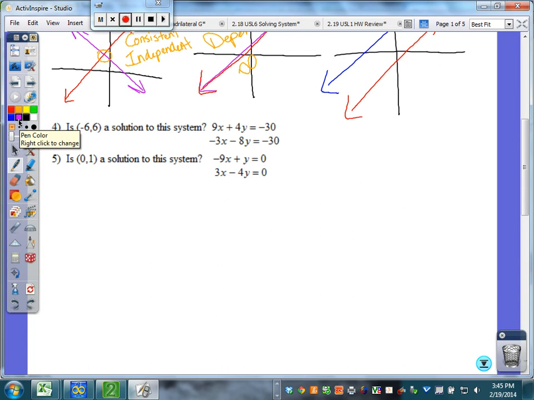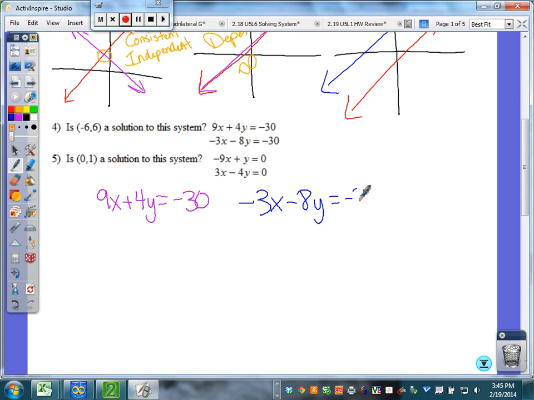We have the first equation, which is going to be 9x plus 4y equals negative 30. And then the second equation, we have negative 3x minus 8y equals negative 30. So all we're doing is we're taking the solution, which is (-6, 6), and plugging it in.